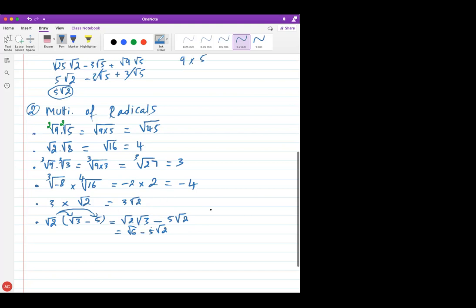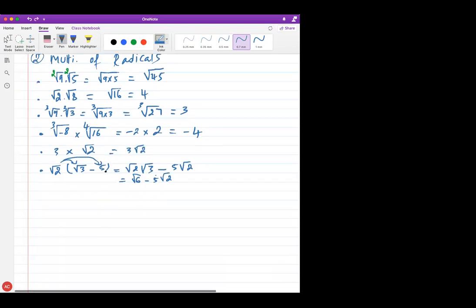Only combine like terms, just like doing x, y, z. This stays the same, you don't add it. Same thing with radicals, radical 6, radical 2. If we have, for example, another radical 3, there's nothing you can change here. Now let's do a radical times 2 radicals.